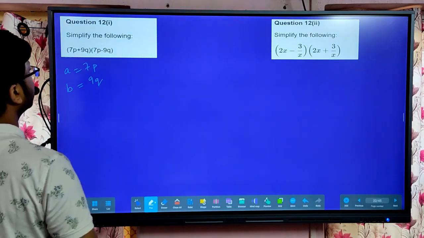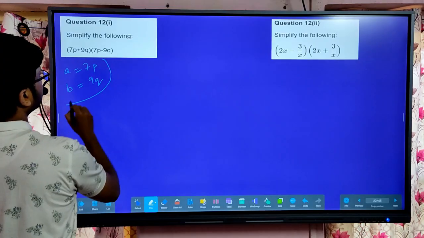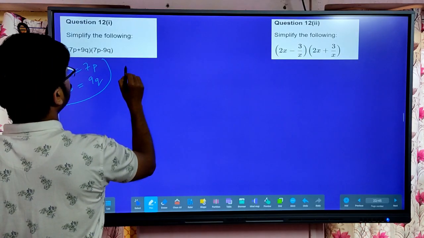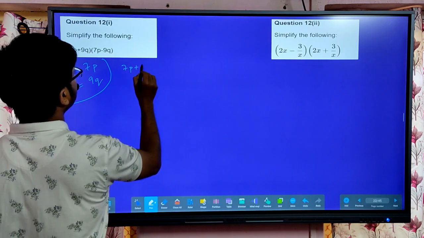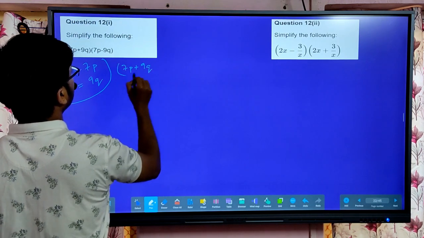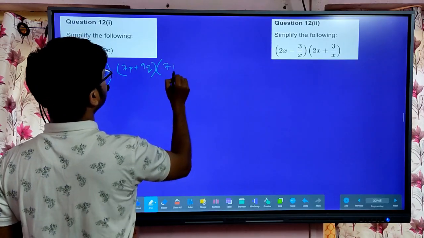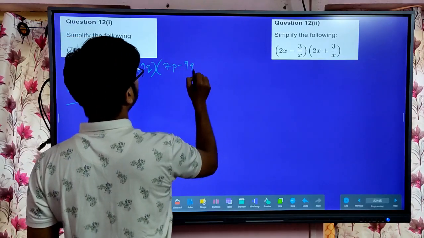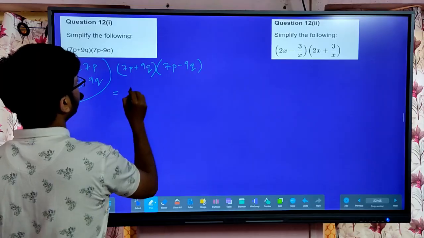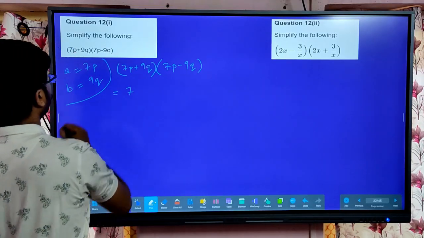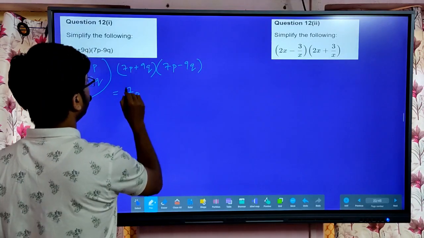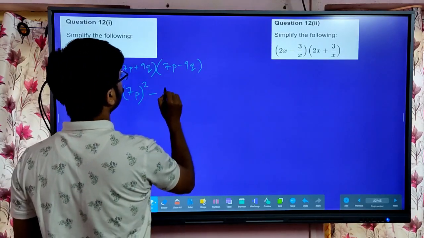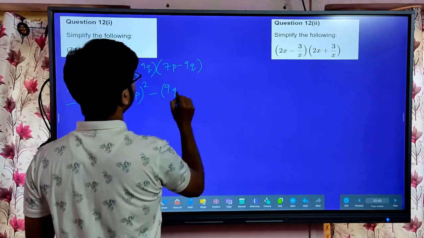So we can write this, let me copy the question once again, 7p plus 9q into 7p minus 9q. I can write it as a square minus b square, isn't it? A plus b, a minus b. So this will be a square minus 9q square.